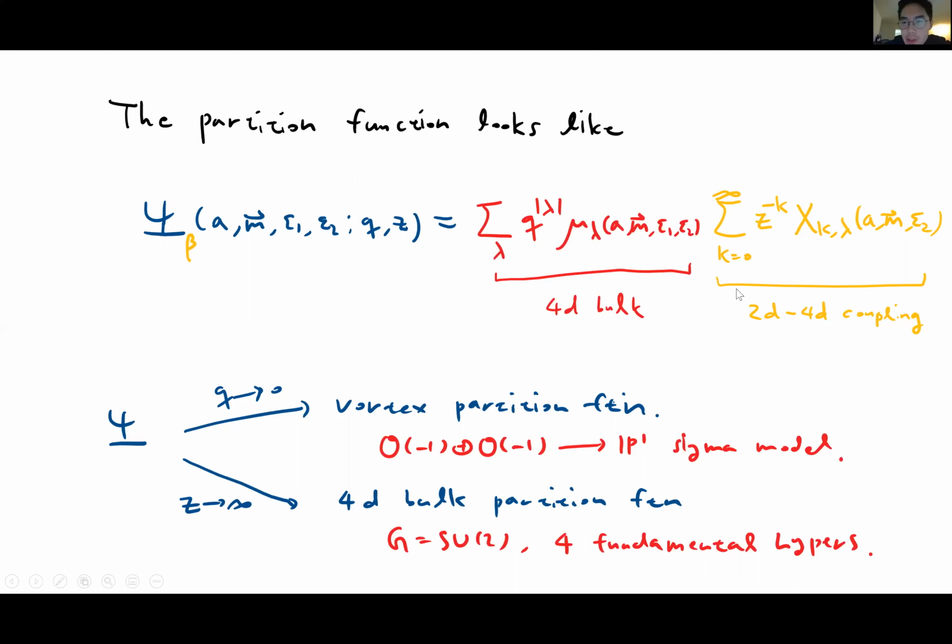Basically, the recursive partition function has such an expression. What I have done is I can rewrite that expression. I can divide it into the 4D bulk contribution and then the 2D-4D coupling contribution.